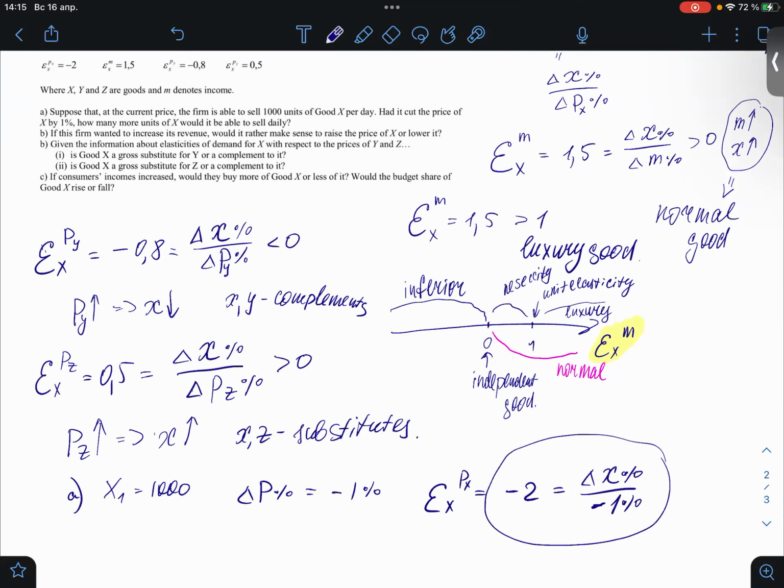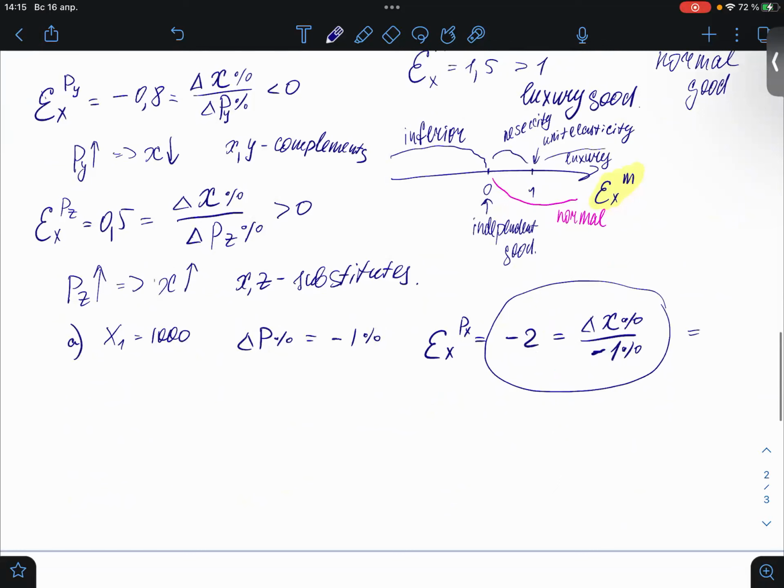Multiply, solve this equation, and from here we will find that the quantity demanded will increase by 2%. So X2 will be equal to how much? 1% is 10, so 2% is 20. New quantity demanded will be 1,020.